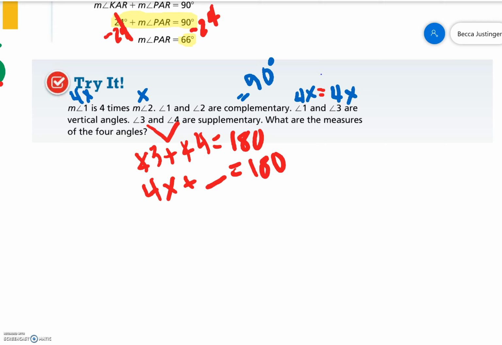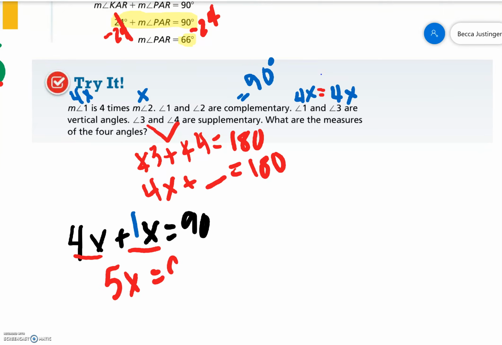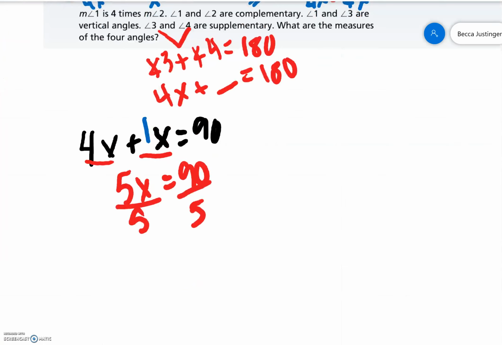So this was a lot of information. Let's start from the beginning. Measure of angle 1 is 4 times measure of angle 2, and they're complementary. So 4x plus x equals 90. Remembering that this is 1x, we can combine like terms. 4x plus 1x is 5x equals 90. Divide both sides by 5. And x equals, I believe it to be 18.